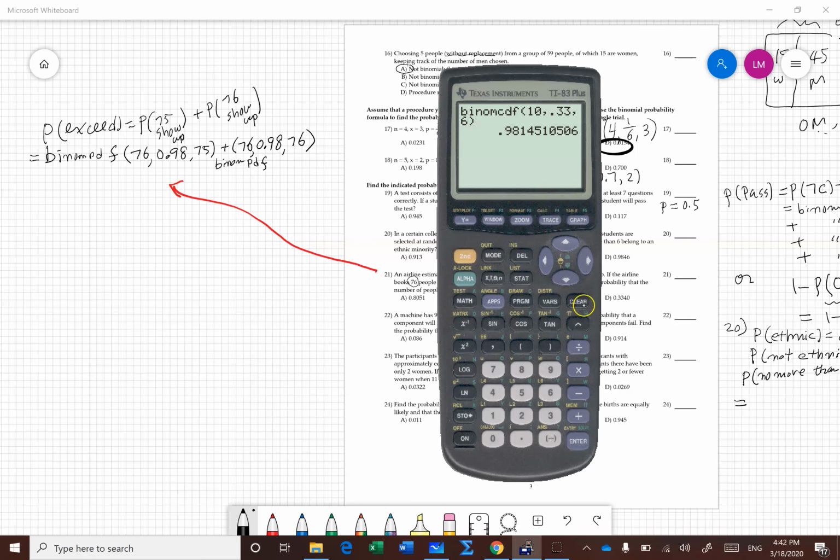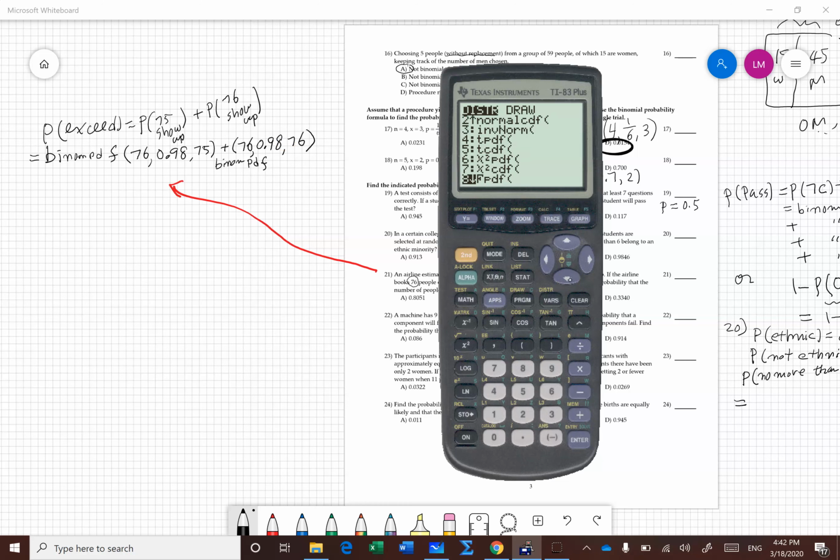So now clear your calculator again. This is how you do it. Second bars, go down to binom PDF, hit enter, and then 76, comma, 0.98, comma, 75, close parenthesis, plus another binom.